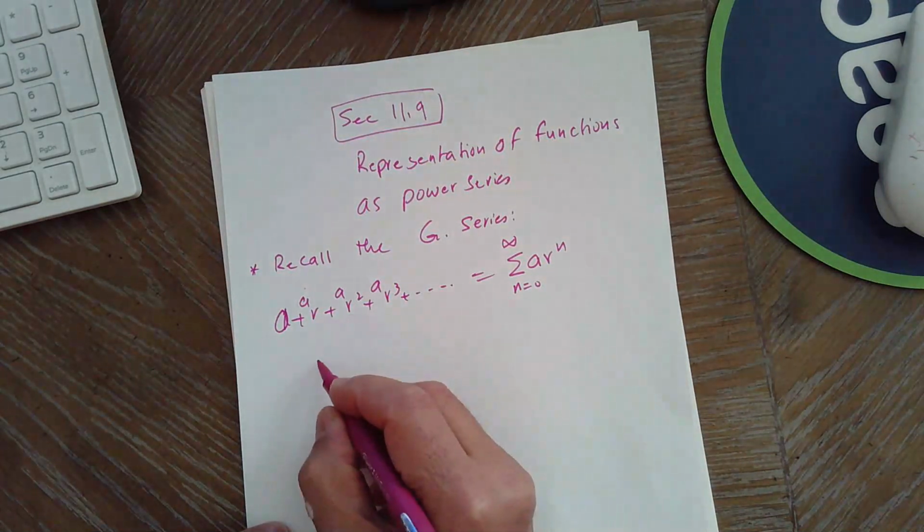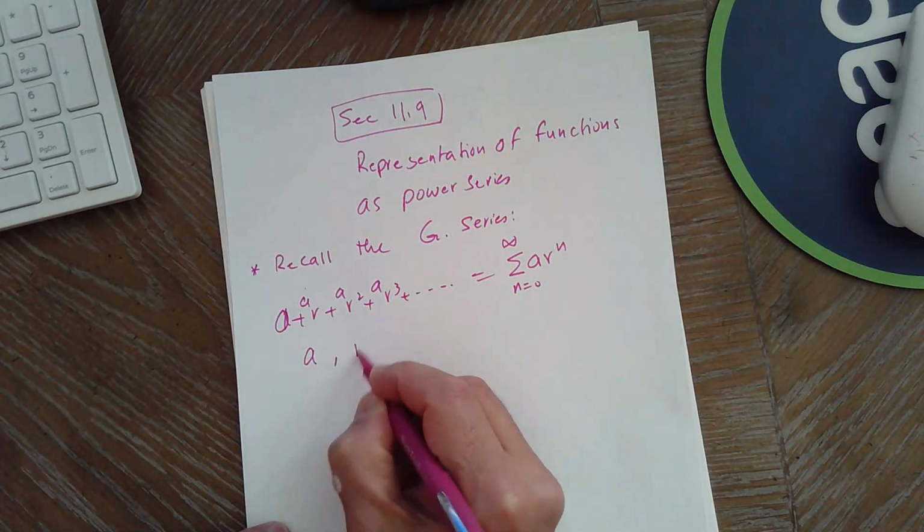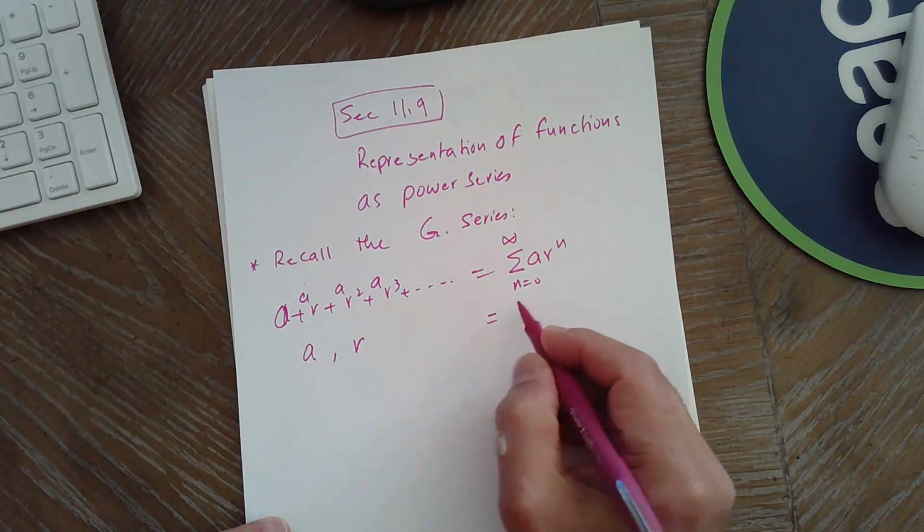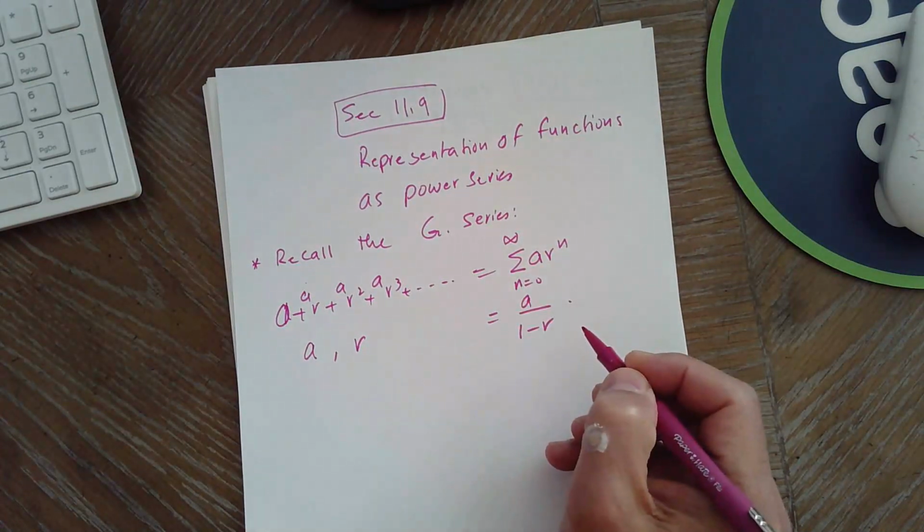The first term is a and the common ratio is r, so this equals a over 1 minus r.